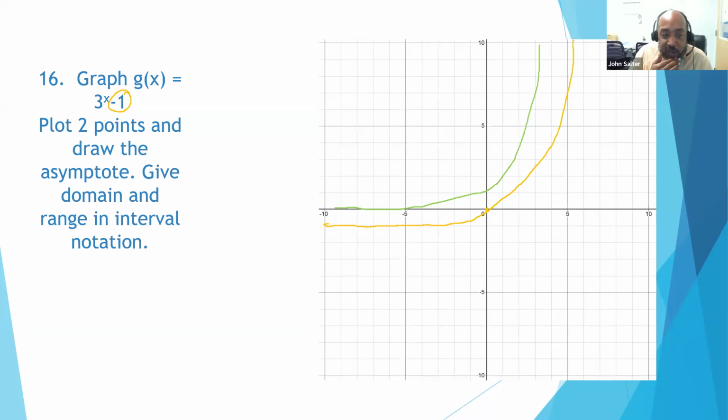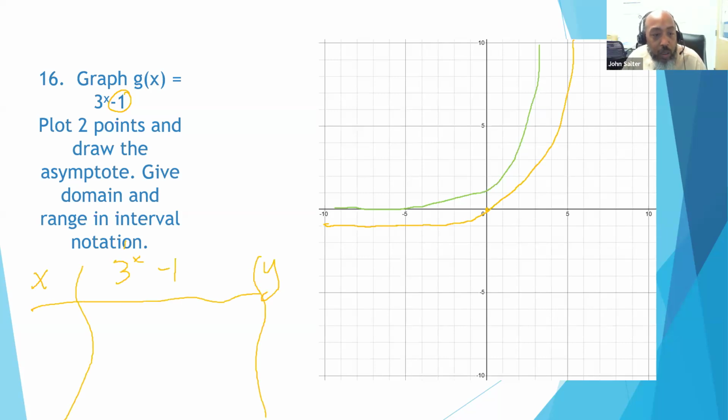So plot 2 points and draw the asymptote. All right. Well, my function, I'm going to do a t-table for this one. 3 to the x minus 1. I want to plug in numbers that are easy for me to use exponents on. So I'm going to try the number 0 and 1, because I only need 2 points. So I have 3 to the 0 power minus 1. Well, 3 to the 0 is 1. 1 minus 1, 0.